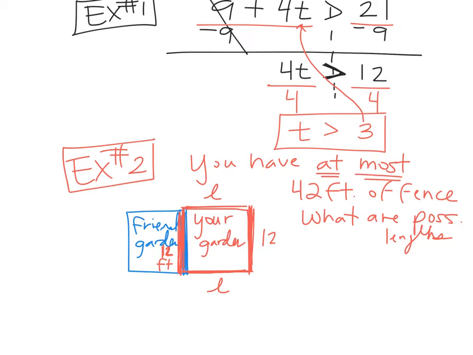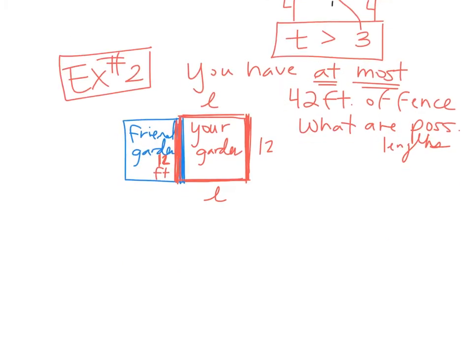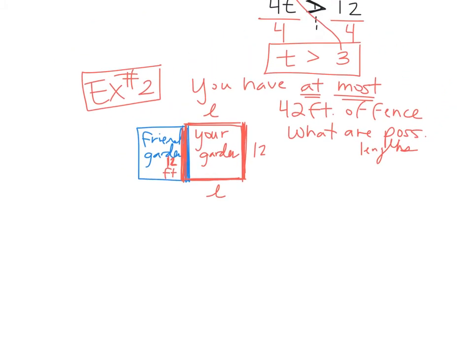Oh, you know what? Maybe we're not going to use our friend's fence. Yeah, I guess we will now, because that's how I explained it to you. That's not how I did it before, but that's okay. So if I'm trying to figure out what L could be, can anyone set up an inequality for me? What do we have to do here? How many L's? 2, right? You have 2 L's.